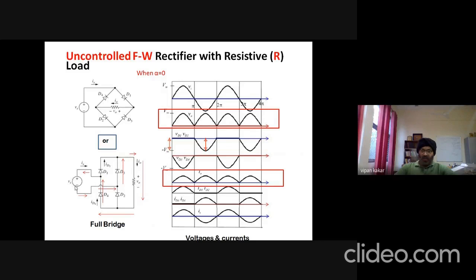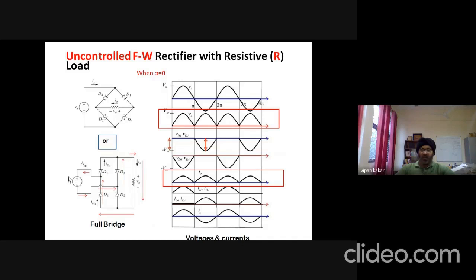Again, the same half cycle is appearing at the load without any voltage drop through the diodes, but reversed in polarity at the supply, because at the load the current is following the same direction from top to bottom. If the current follows this path from top to bottom, this end is positive compared to this one, as we saw in mode 1.